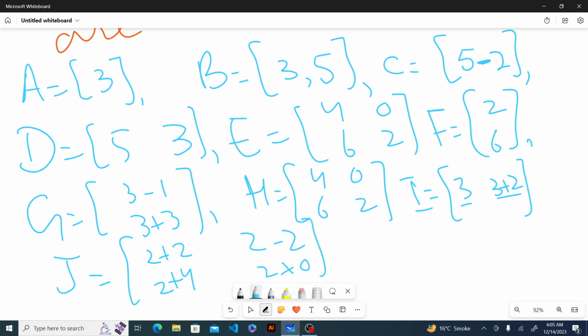What we actually have to do is find the equal matrices. So what are equal matrices?